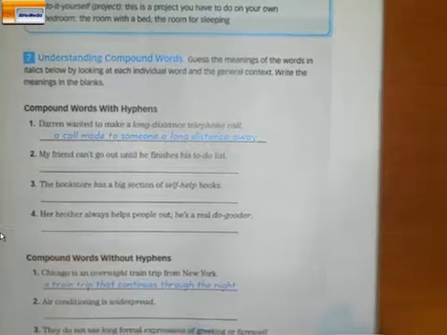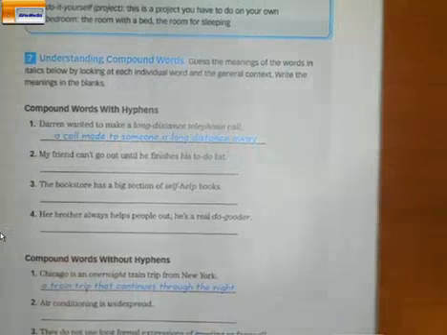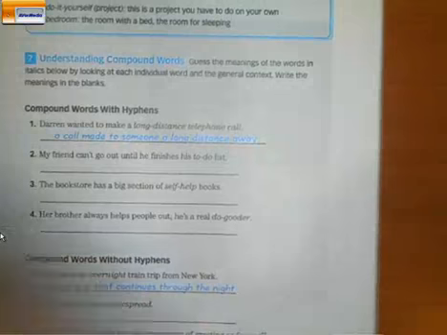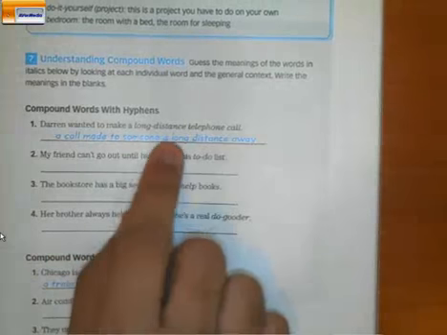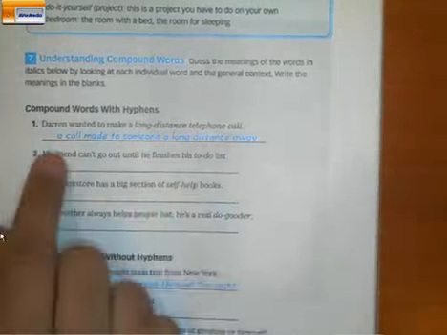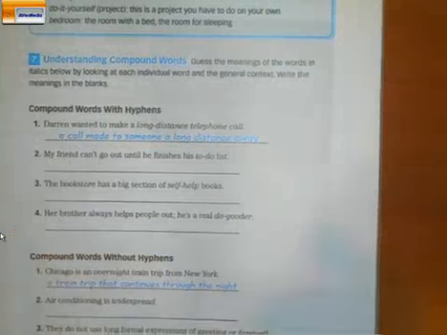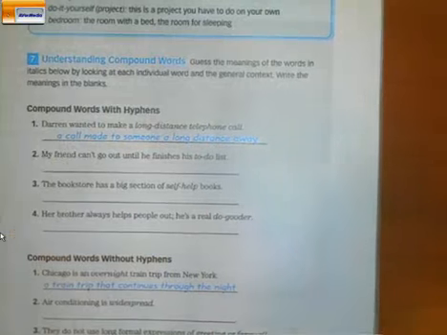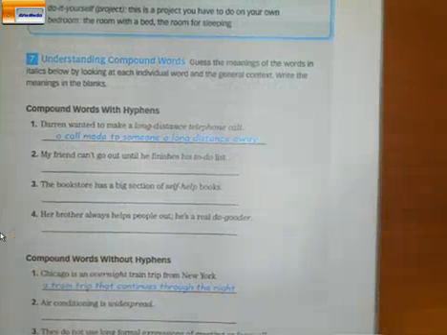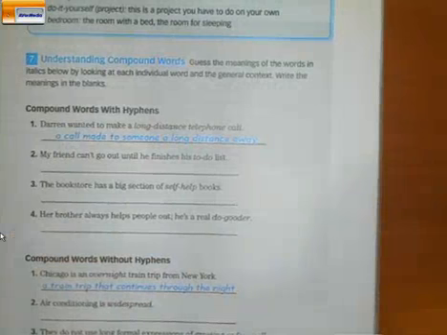Now let's go to the compound words, and we want to know their meaning. We have here number 1, a long distance telephone call means a call made to someone a long distance away. Yes, a long distance telephone call means you are calling someone very far from you.